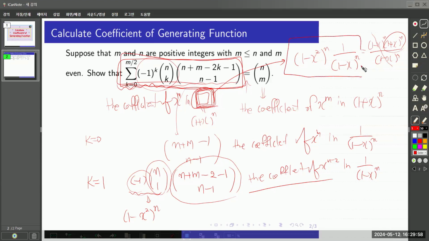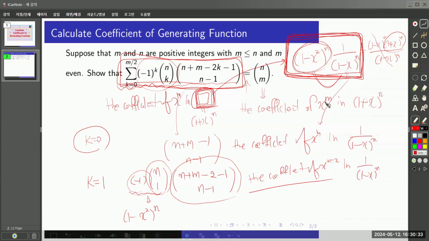Actually you can see this one as the product of two functions. From here, if you think about x to the 0, which means the k is equal to 0 case, you want to choose the coefficient of x to the m here.